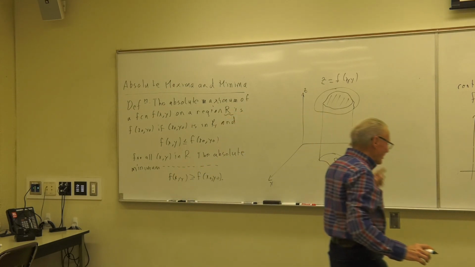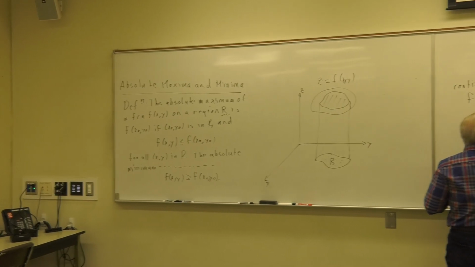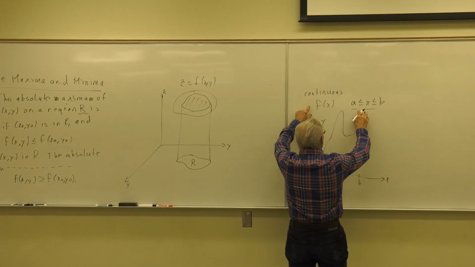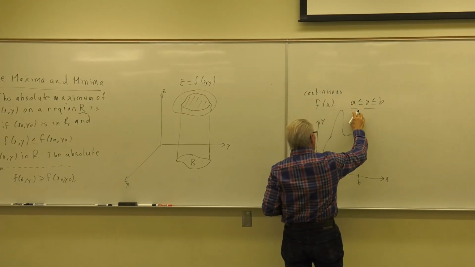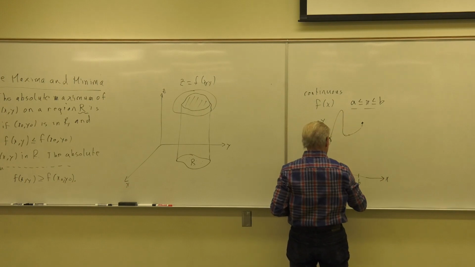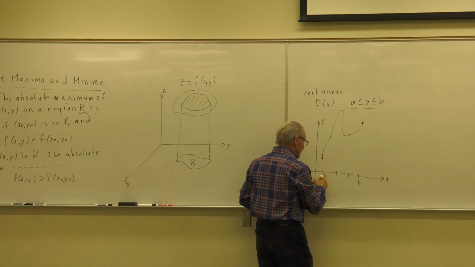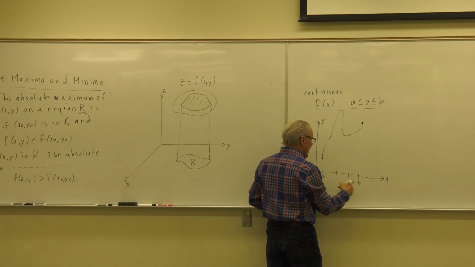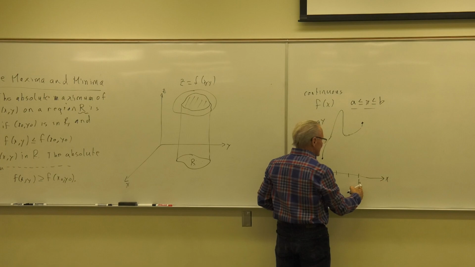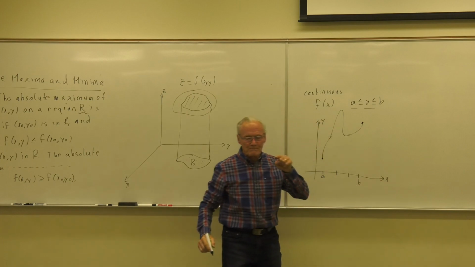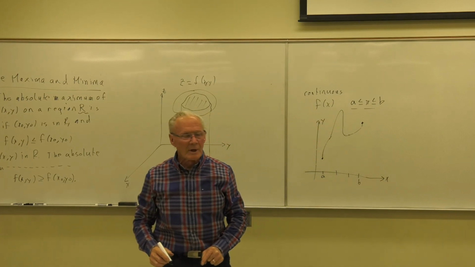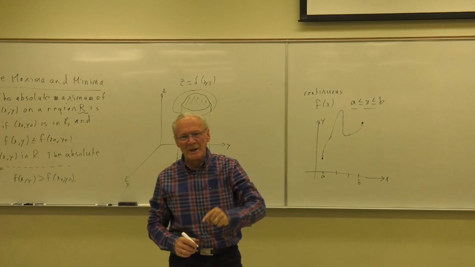And that's a problem. Here, how did you solve this problem in first year? You said, if I want the absolute max, I'm going to find all the critical values. There's one and there's one. I'm going to evaluate the function here, there, there, and there, and I'll pick the biggest and say that's my max, and I'll pick the smallest and say that's my min.